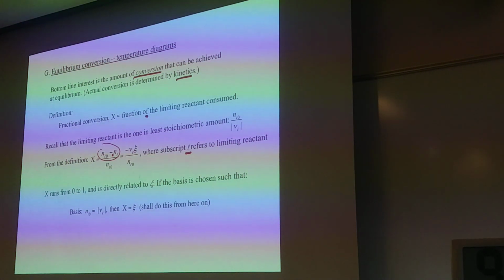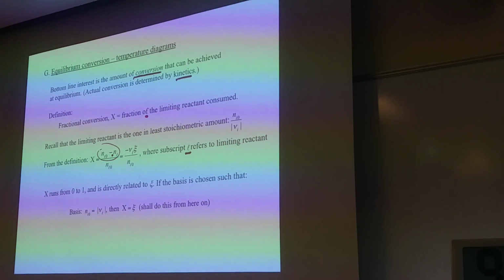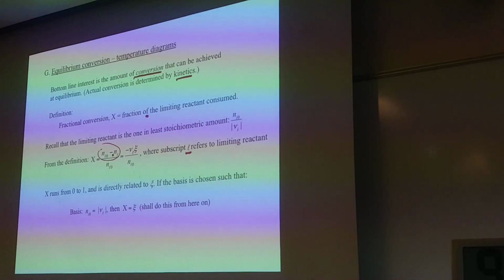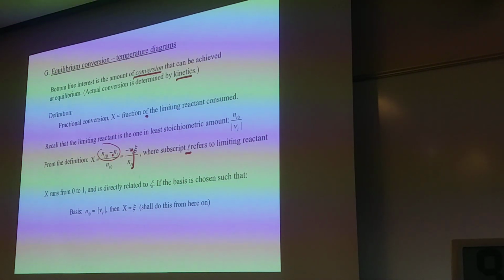Now X will run from just 0 to 1. The most we can do is not consume any of it or consume all of it. So it can run from 0 to 1, and we see here that it is directly related to xi. And if we cleverly choose our basis by setting the mole number here numerically equal to the stoichiometric coefficient, then this thing is just going to become 1, and I get X equals xi. Right?